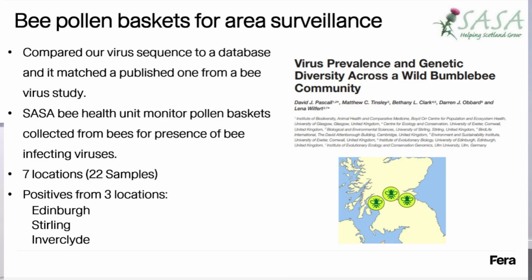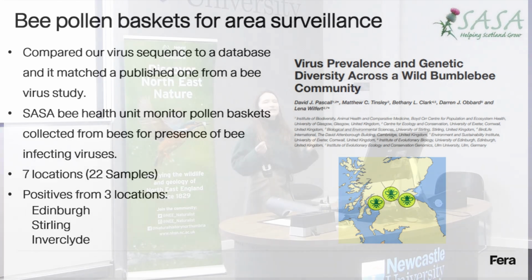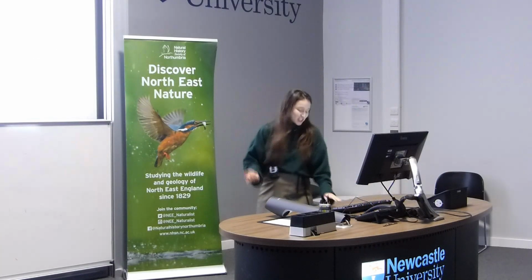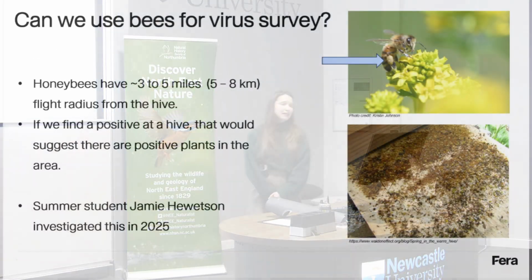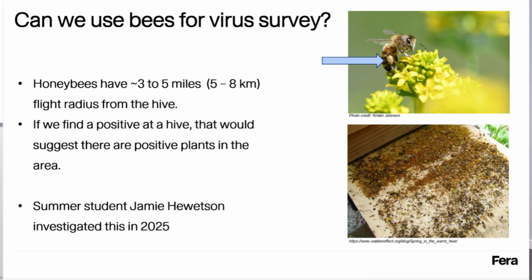So, we know the virus is in pollen, and maybe we don't want to walk around and collect a bunch of leaves and trees, because Tilia are a really common amenity plant. So if you go into cities, they're often lining the high streets, there's hundreds of them. What if we can make bees do the hard work for us? Because they're already doing it anyway. So bees have about a 5 to 8 kilometre flight radius from their hive.